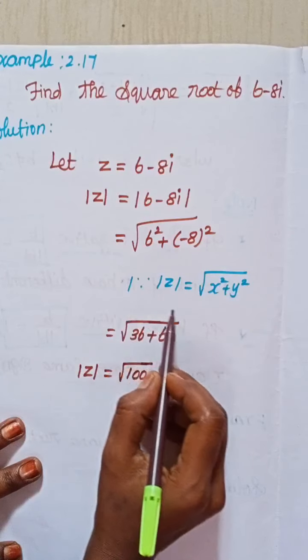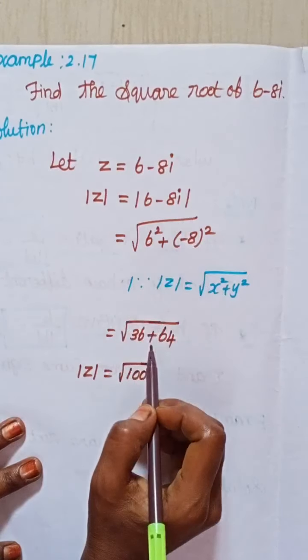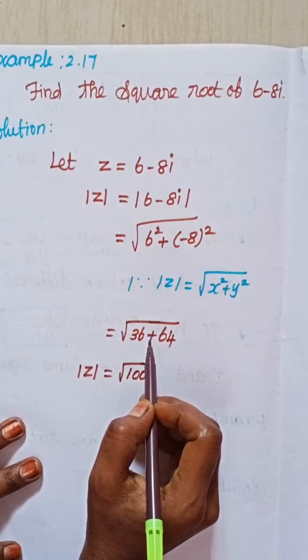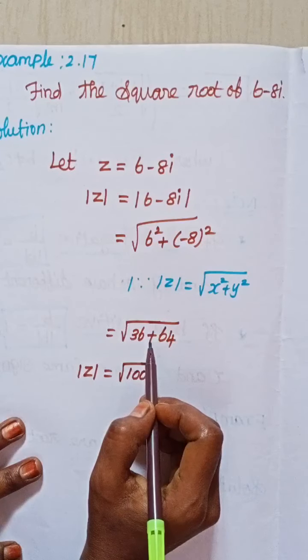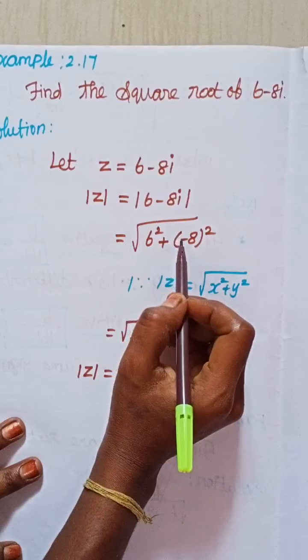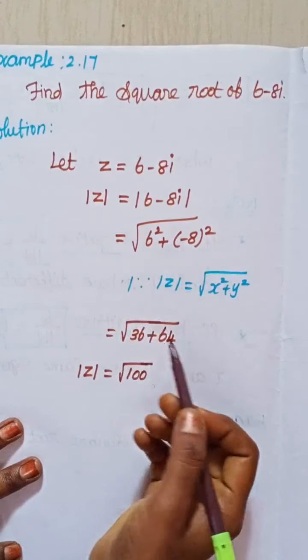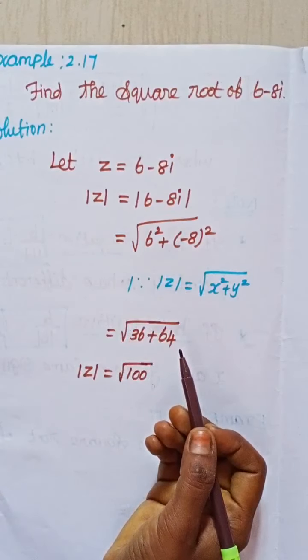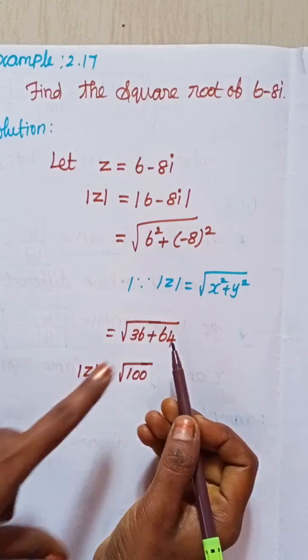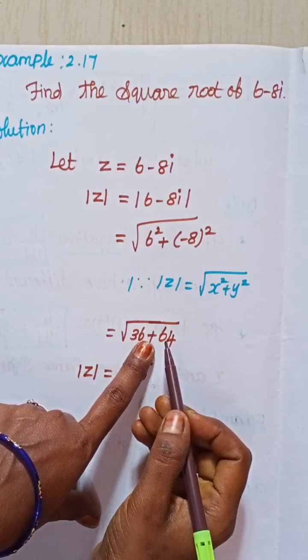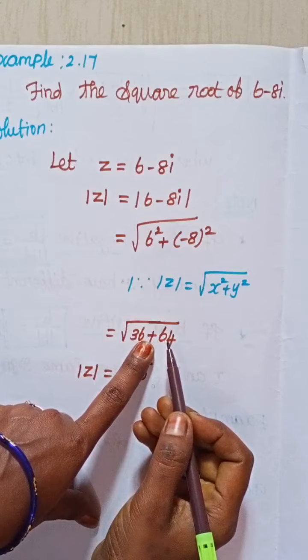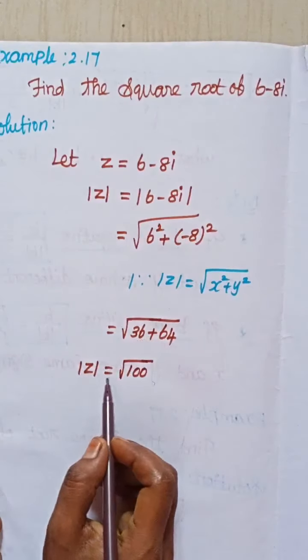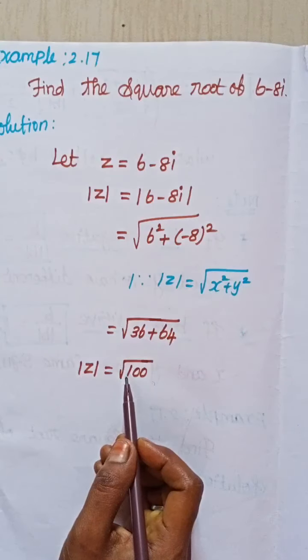Most of the students make a mistake here and write minus, but the value here is always positive. Don't forget that. Now modulus z is equal to square root of 100.